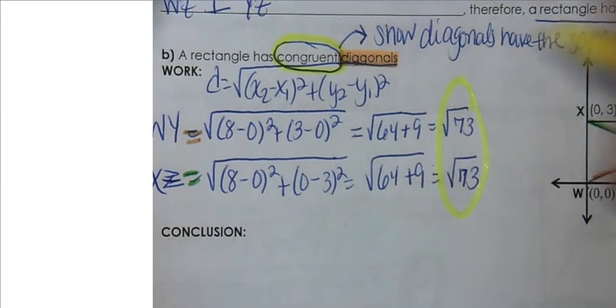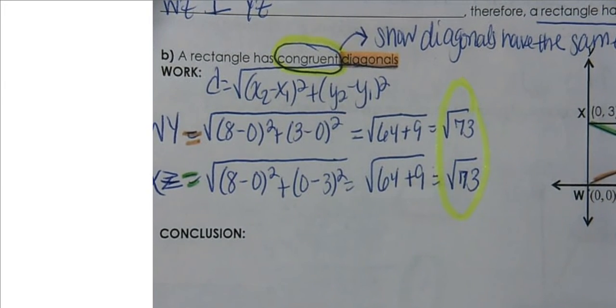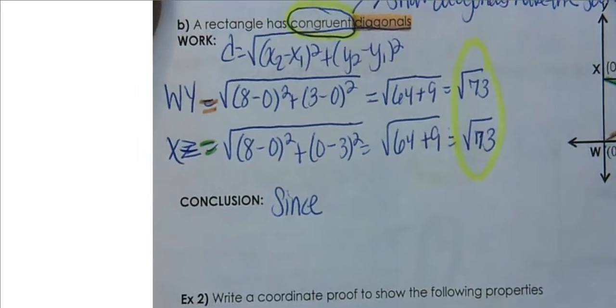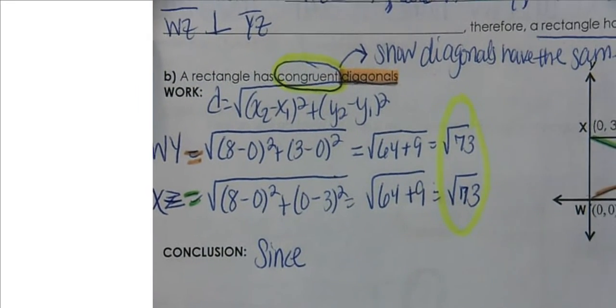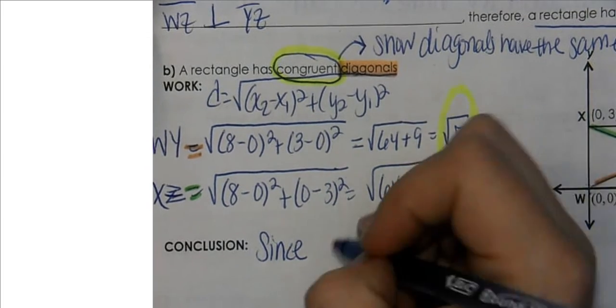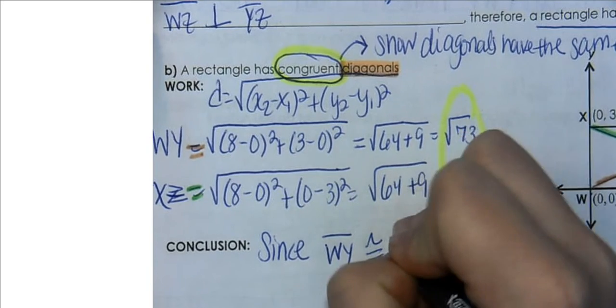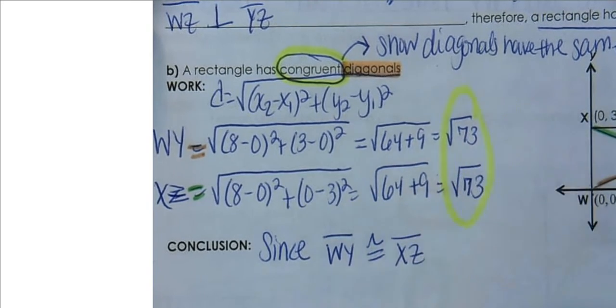So therefore, our conclusion is going to be, since, so I didn't give you the sentence stem this time, so I want you to now figure this out. Since segment WY is congruent to segment XZ, so these were our diagonals.